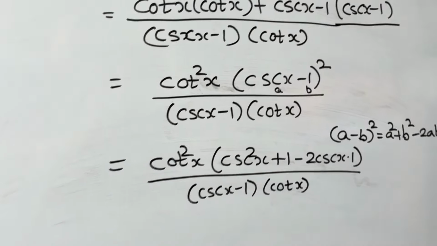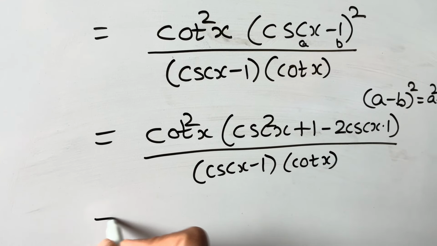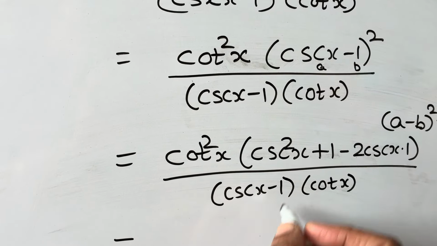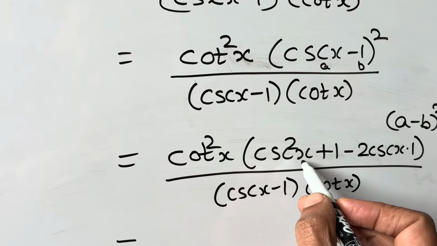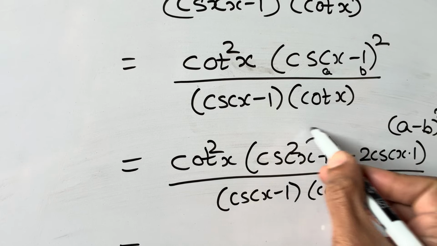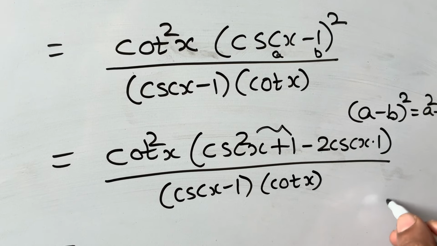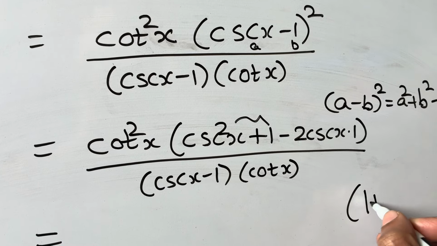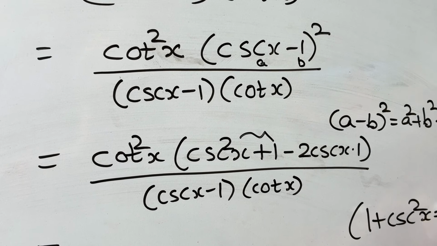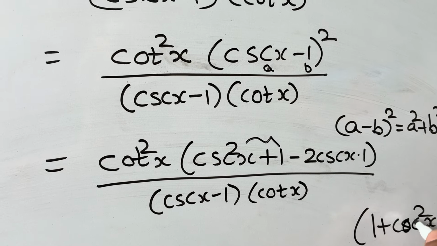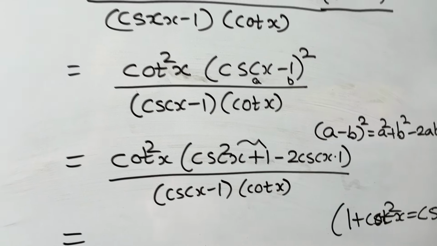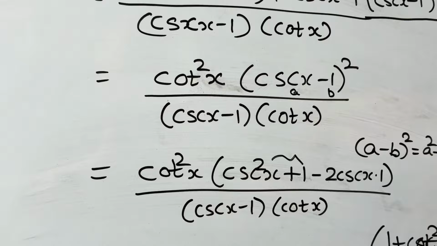So let's go to the next step. When you observe here, in my earlier videos, I have shown you my trigonometric identity. We can apply my trigonometric identity here, which is, I'm going to write the identity in the bracket here: 1 plus cot square x is nothing but cosecant square x.